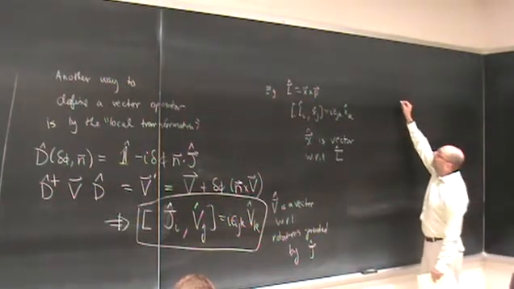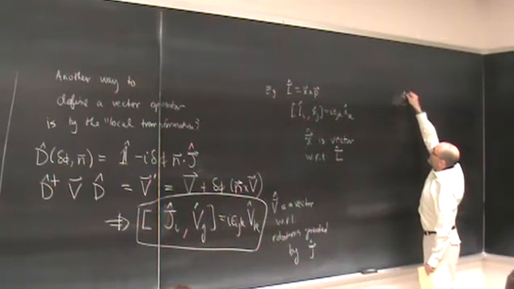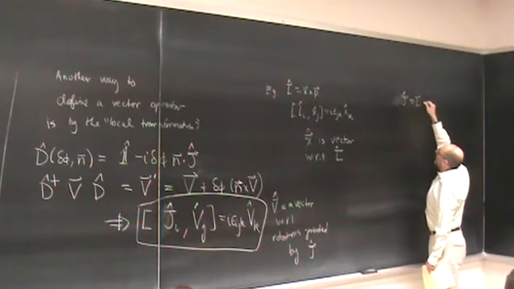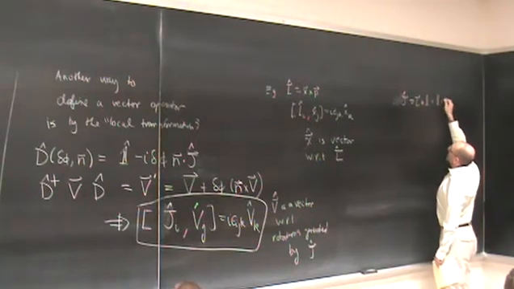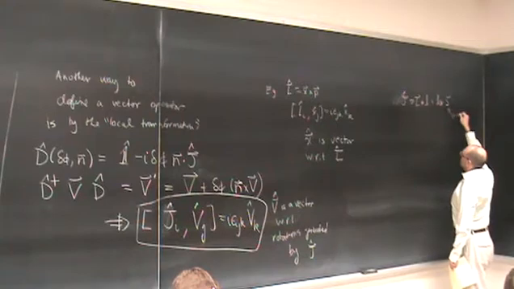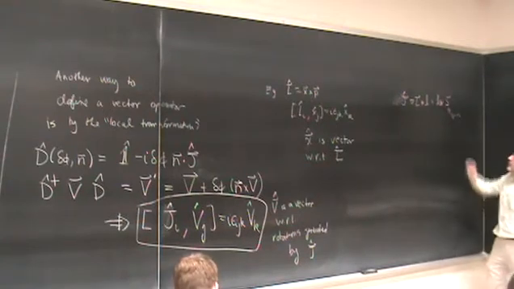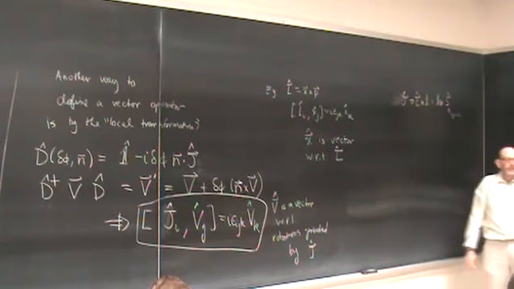Here's another example. Suppose let's define J as L plus S. This is the spin angular momentum. Question.